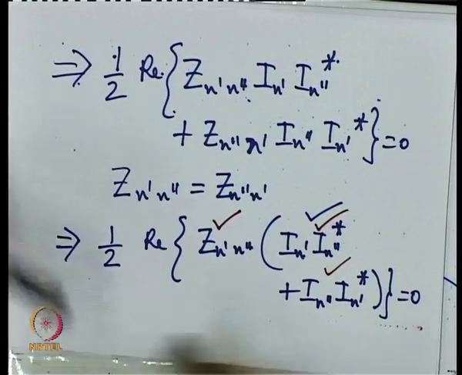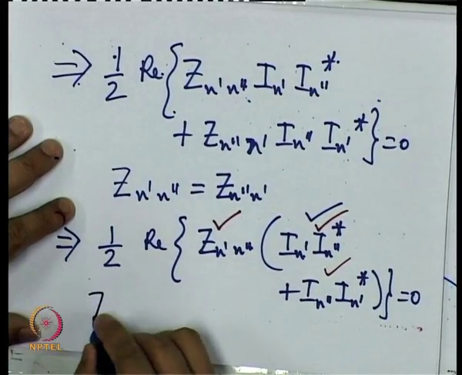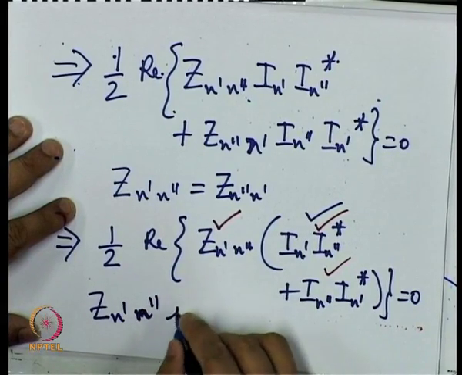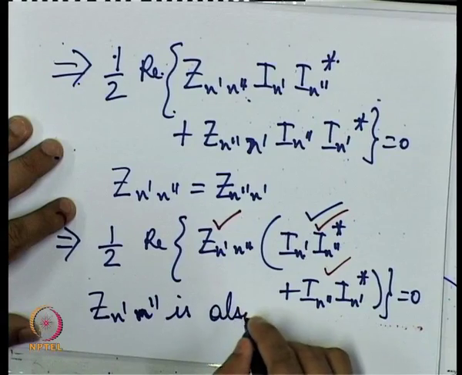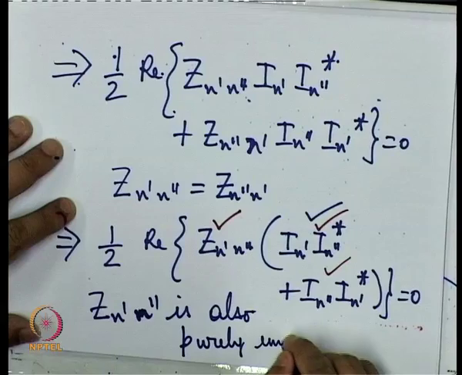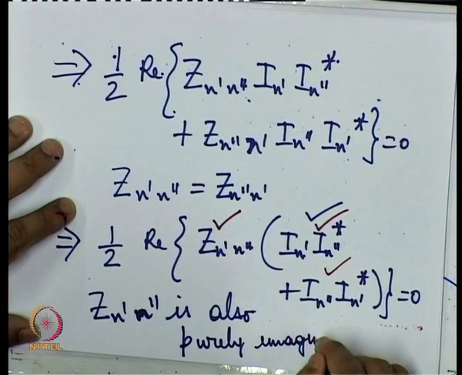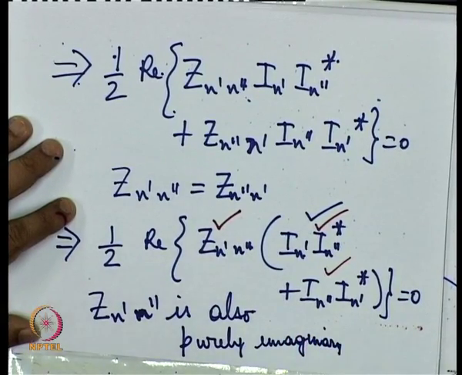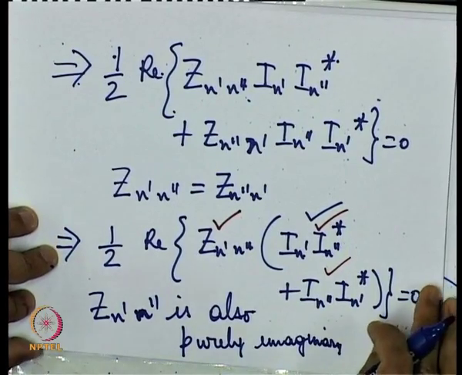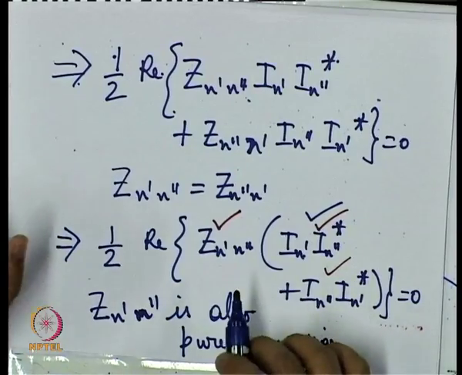So then we conclude that z of n dash n double dash is also purely imaginary. Therefore, for a lossless and reciprocal network, we have that all the elements in the Z or Y matrix are purely imaginary. So, in summary, we can write it like this.